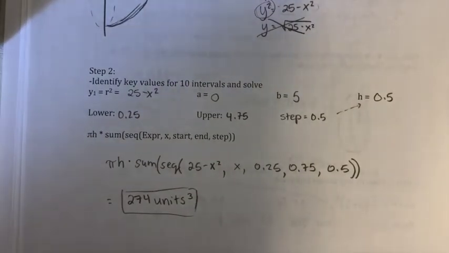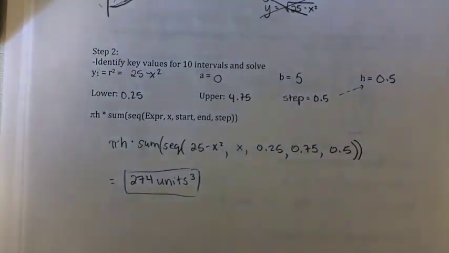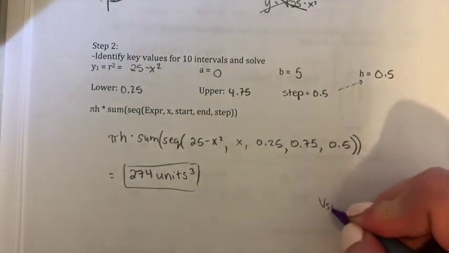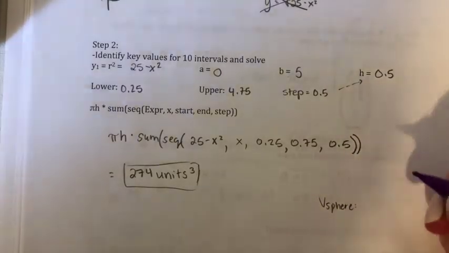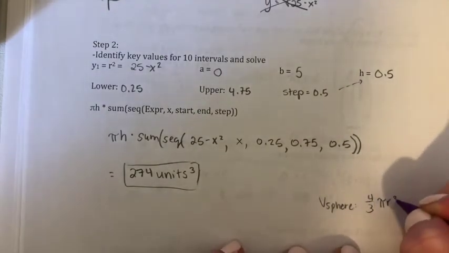If we think about this as a check, the volume of a sphere is 4/3 pi r cubed.